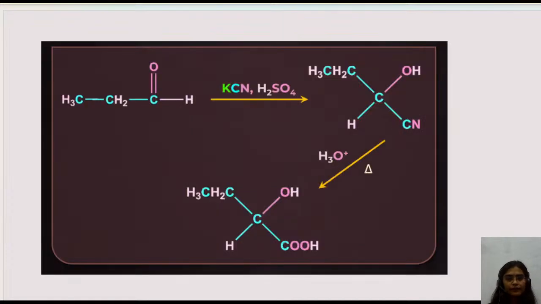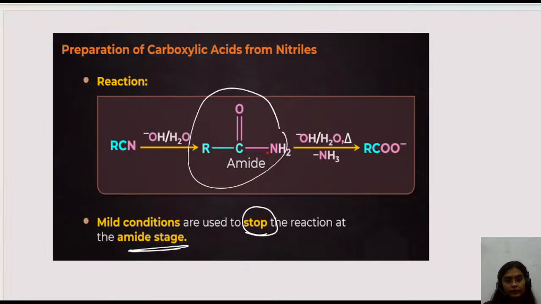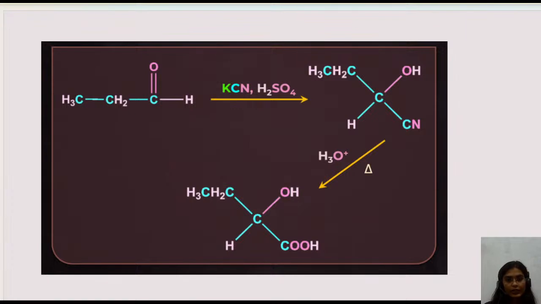Now let's cover some important part. As you already know the mechanism, but let me tell you the mechanism one more time. Let's suppose you will be using some R, this is R and this is a COH, aldehyde.